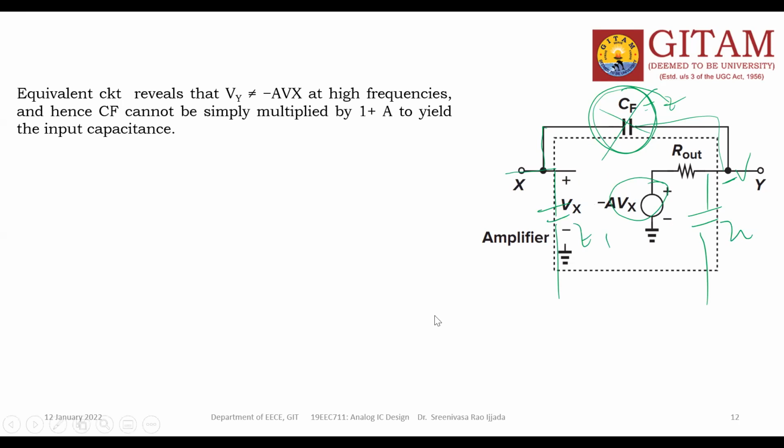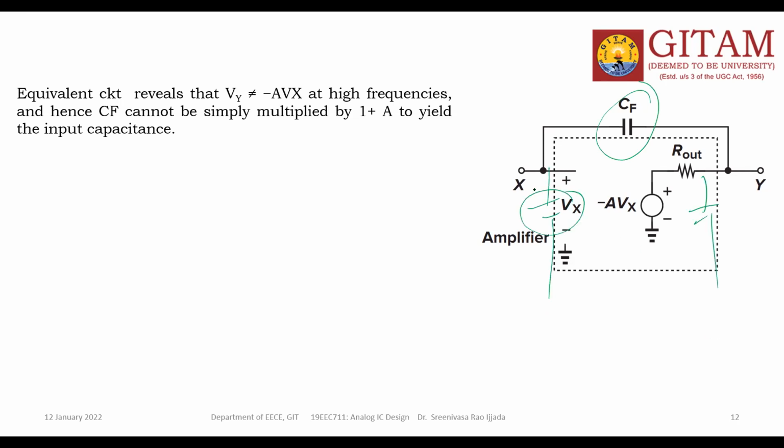Here my suspect is that Vy is not equal to minus AVX at high frequency. CF cannot be simply multiplied by 1 plus A to yield the input capacitance. The input capacitance is Z1. This is the Z, this is the capacitor value. When we decompose and keep it on this side and this side, this becomes the input capacitance, and this becomes the output capacitance.